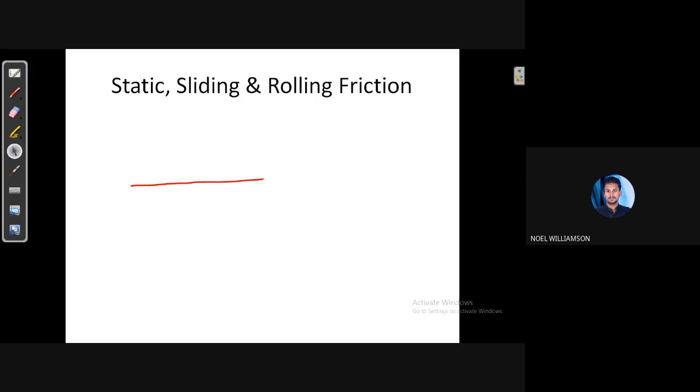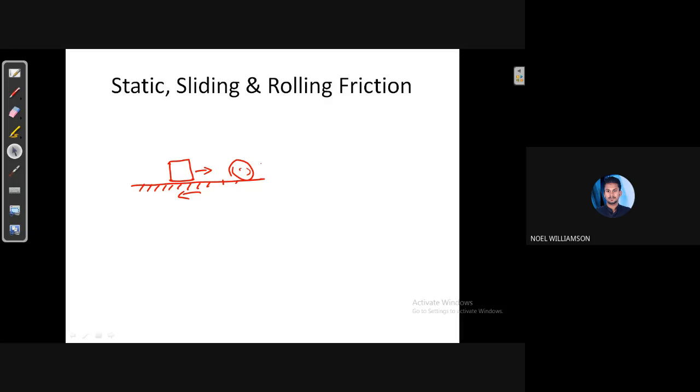Say in the previous case, there's a surface and a body just slides over the surface; in that case there will be a friction between the surface and the body, that is the sliding friction. And rolling friction is the friction which occurs when a body rolls over the surface.